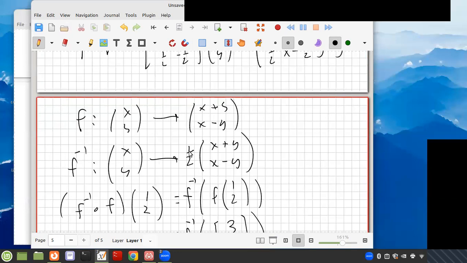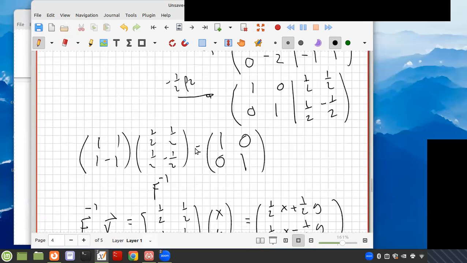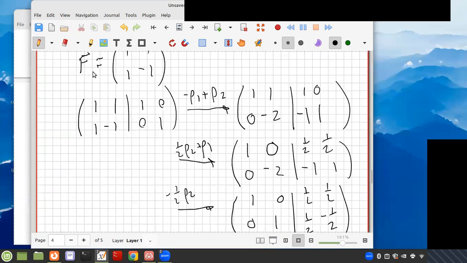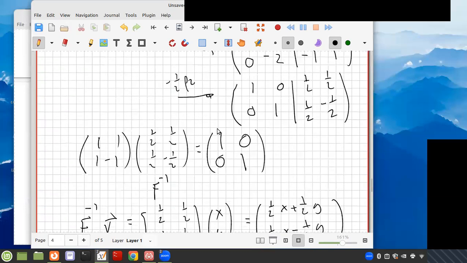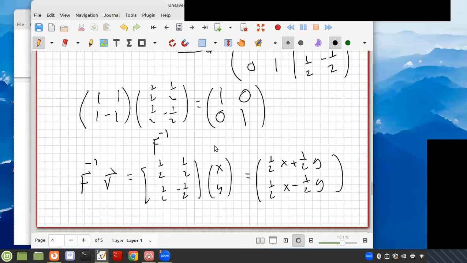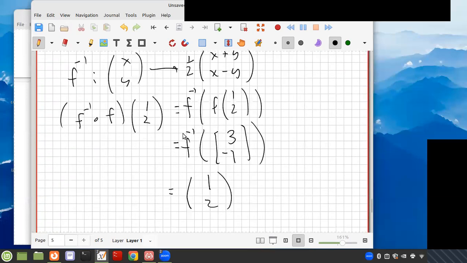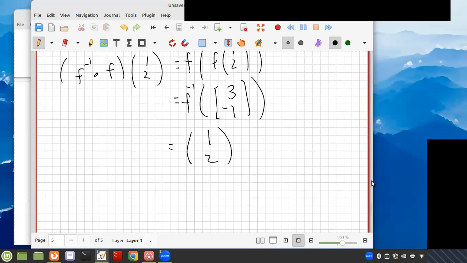And there is something there. But the point is, we got this inverse from finding the matrix inverse using Gauss's method, and then going back to finding the map action.